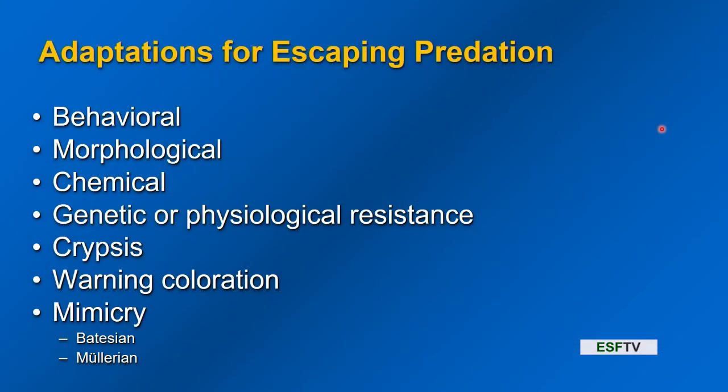We're going to head into some fun segments from this lecture. This is segment 2 in chapter 14, the predator, prey, or herbivore chapter. These are going to be adaptations for the prey to avoid recognition and escape predation.